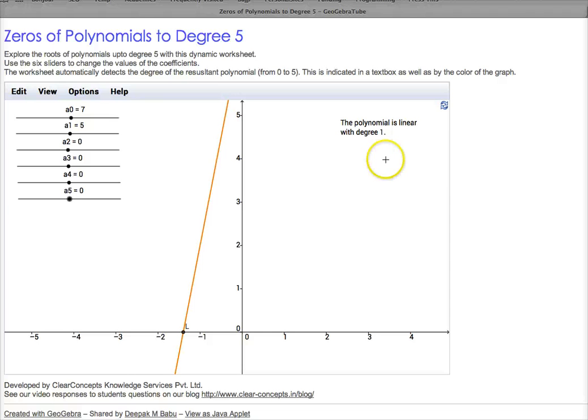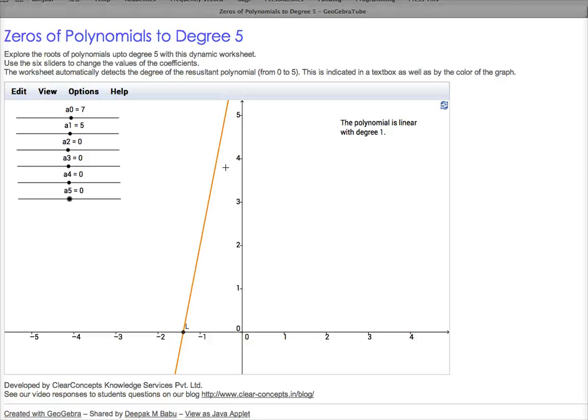Can you see that when it was an order 5 polynomial, the color was pink. Now it's some orange color? That's the other way it tells you what the degree of the polynomial is, by changing the color of the graph itself.